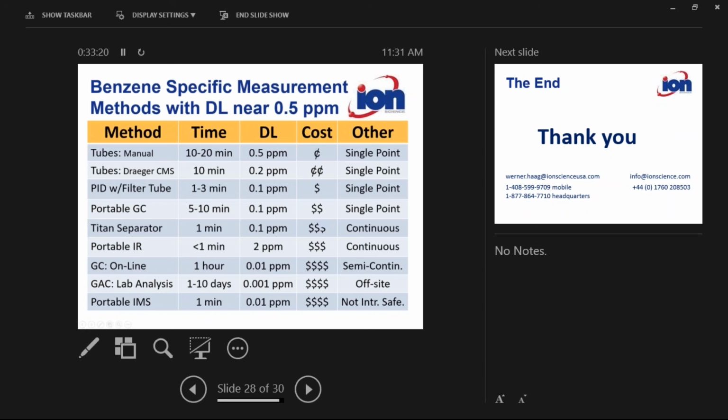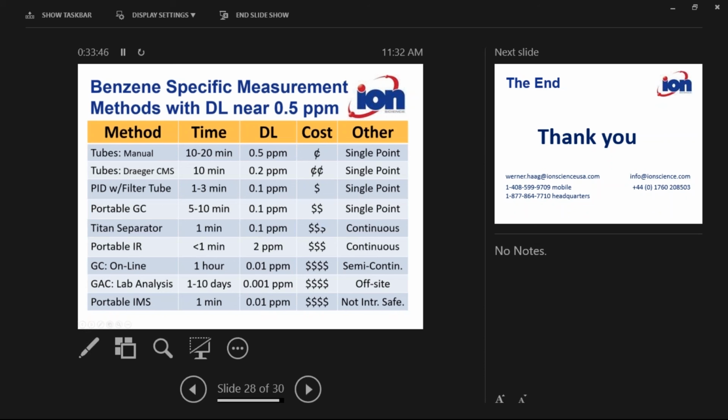You can use simple tubes with a hand pump. Some of them get down to about half a ppm. The cost is low, but it's just a single point. You need about 10 to 20 pump strokes to do this, so it takes a long time. And so that's really labor intensive.